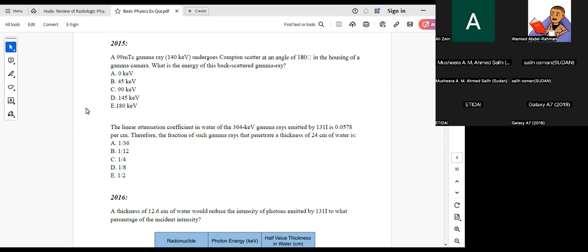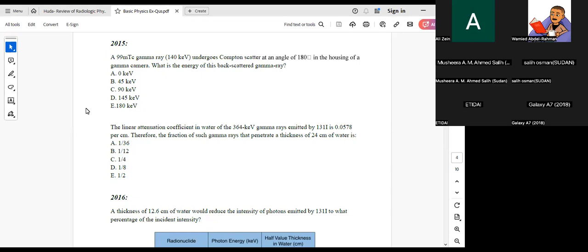Okay, the technetium-99m undergoes Compton scattering at an angle of 180 degrees in the housing of a gamma camera. What is the energy of this backscattered gamma ray? So it's 140 keV.